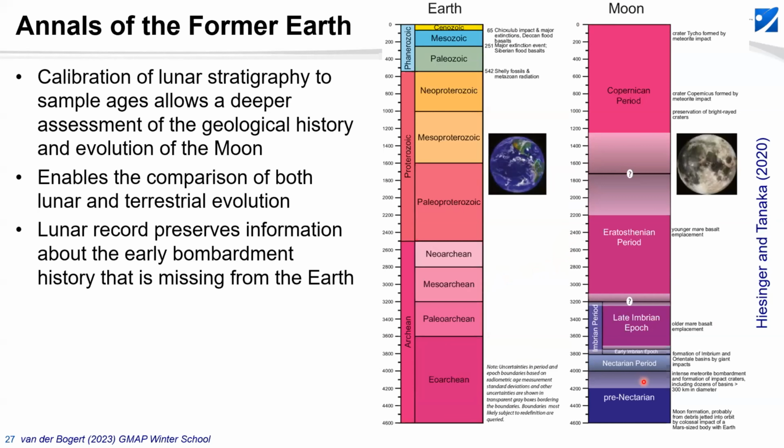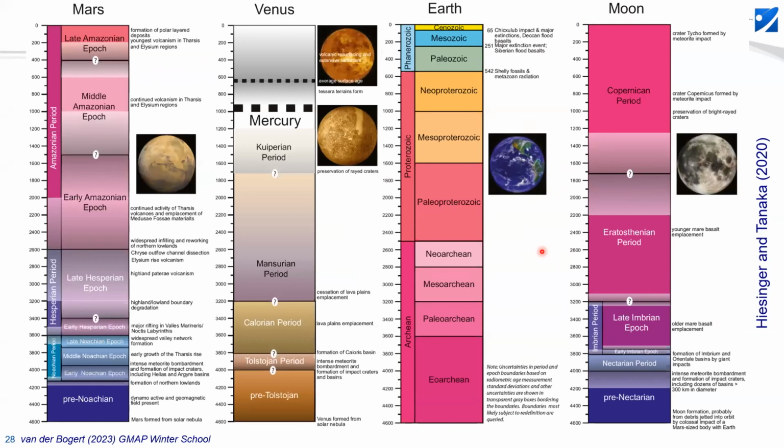There's a lot of stuff that happened on the moon and on the Earth even before life formed. And then we can take that to the level of the solar system, or all the terrestrial planets, and compare all of the planets and their periods of activity. You can see that some planets don't have very much detail.